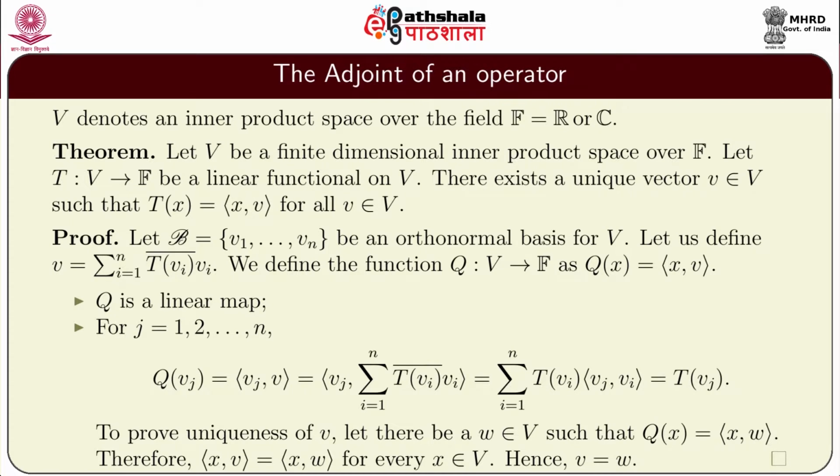And we define a function Q from V to the field F as Q(x) equal to the inner product x comma v. Now, a couple of observations. Q is a linear map.